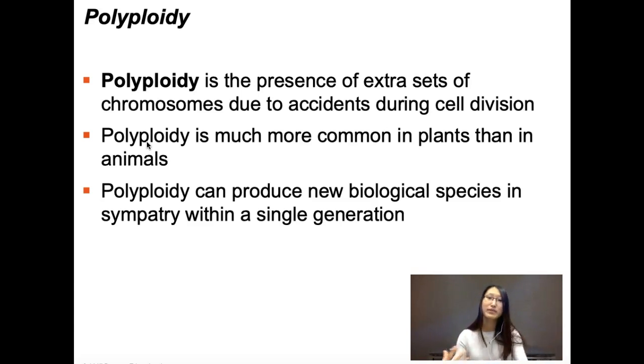Those polyploid plants could potentially become their own species. So that's what this is about, okay? We can have these plants all living in the same area, but because of these errors happening during cell division, this could lead to new species.